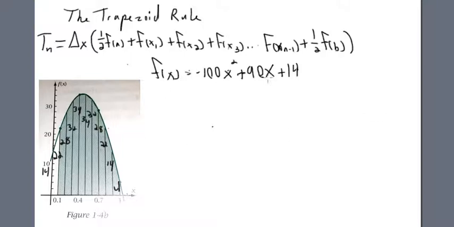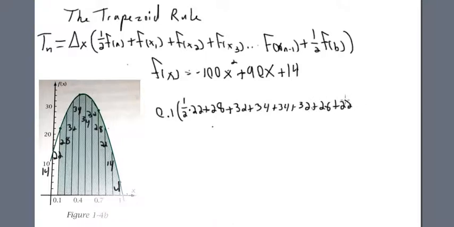Now, each of our trapezoids is 0.1 wide. Now we have 1/2 of the first one, which is 22, plus 28, plus 32, plus 34, plus 34, plus 32, plus 28, plus 22, plus 14, plus 1/2 of 4.